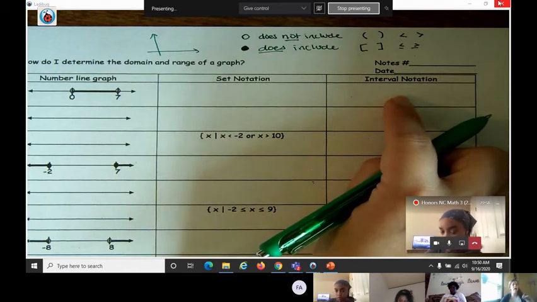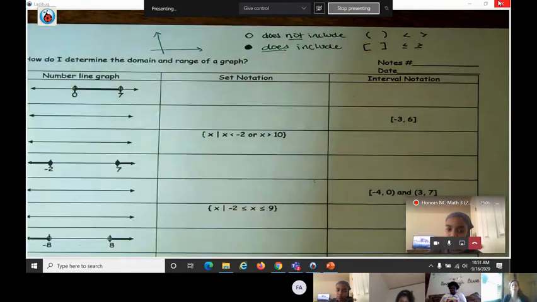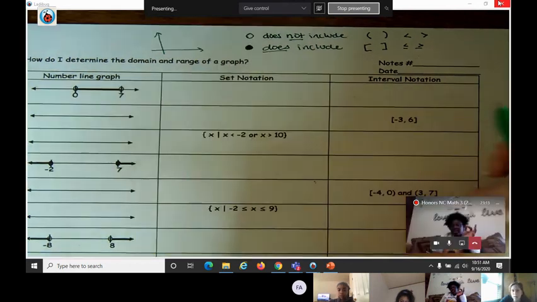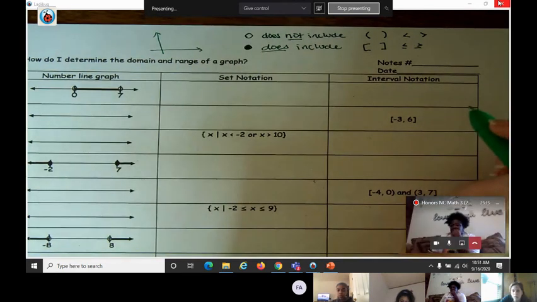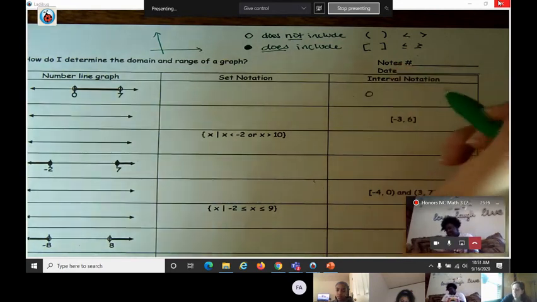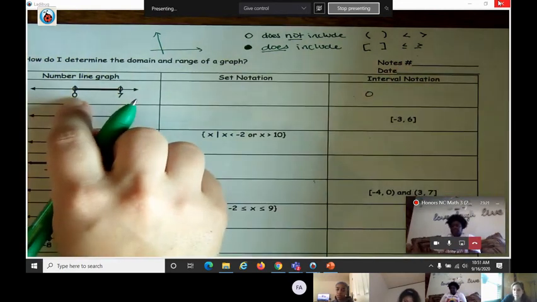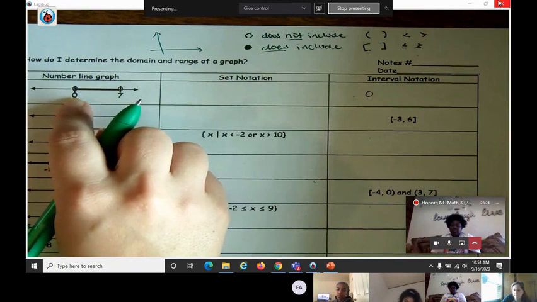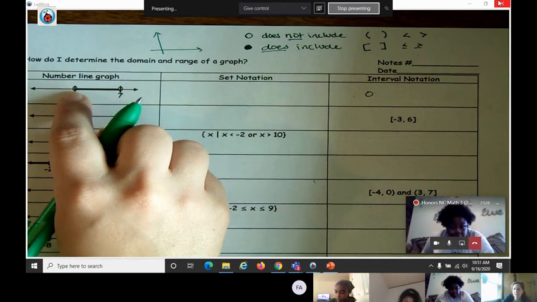So let's see. Tanaya, can you tell me what the lowest value on this number line is that we're going to include? Is it zero? I think it's 0. And is it included in the number line? It looks open. Yeah, it is open.